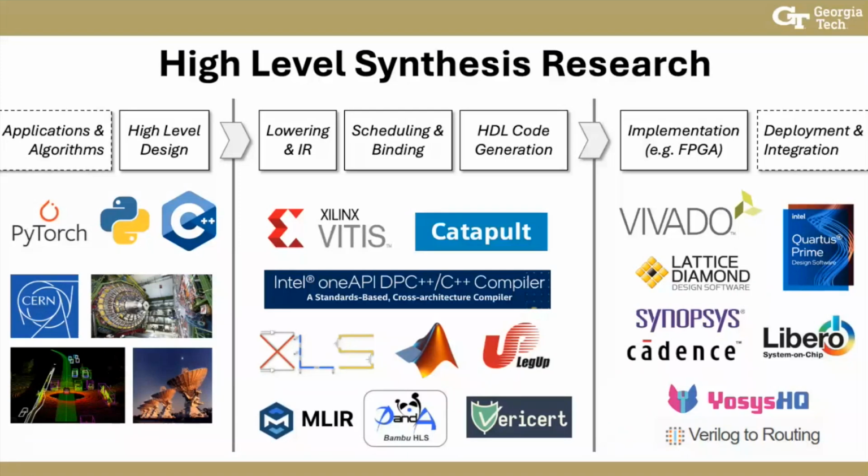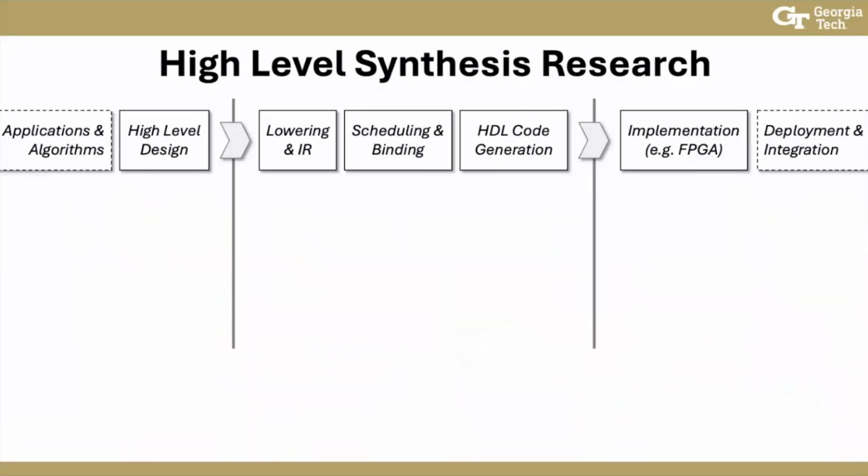I know there's HLS for FPGAs and there's HLS for ASIC. I'm an FPGA guy, so most of my examples and use cases are going to be for HLS tools for FPGAs, mainly Vitis HLS, but we'll also talk about the Intel HLS tool as well.